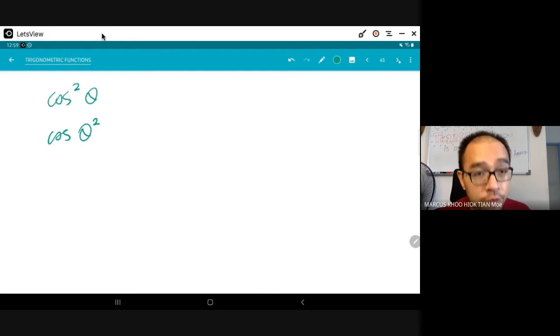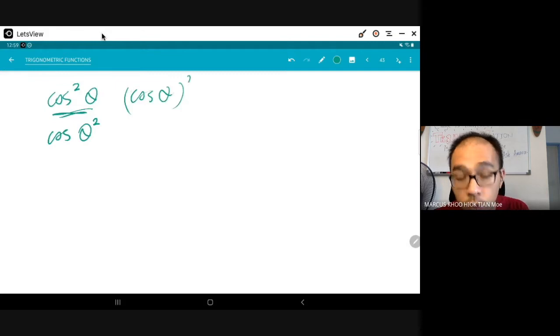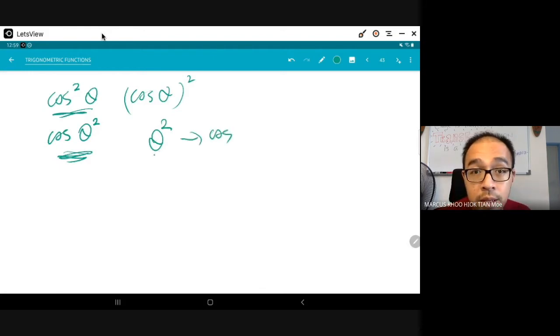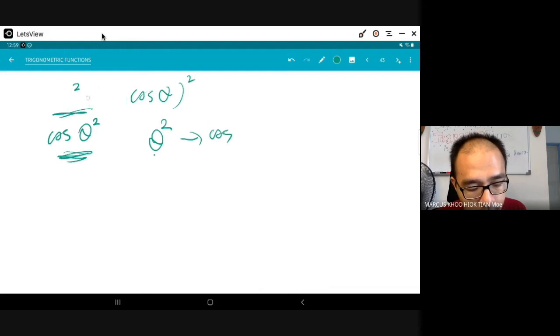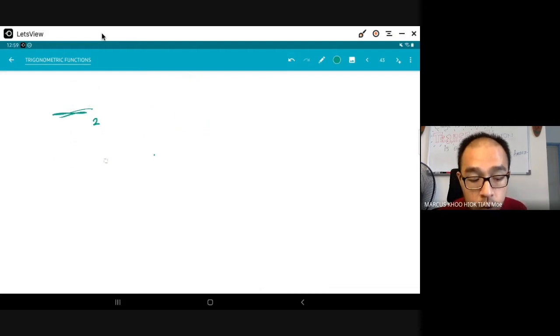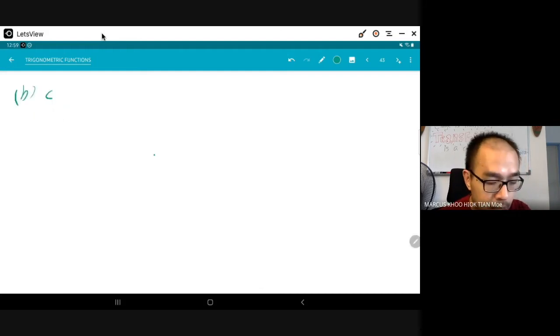This one, we take cos theta and square it. But this one, we square the angle first, then we find the cos of that angle. Very different values altogether. So we cannot mix this up. Make sure you understand that cos squared theta means you find the cos first and then you square the value.